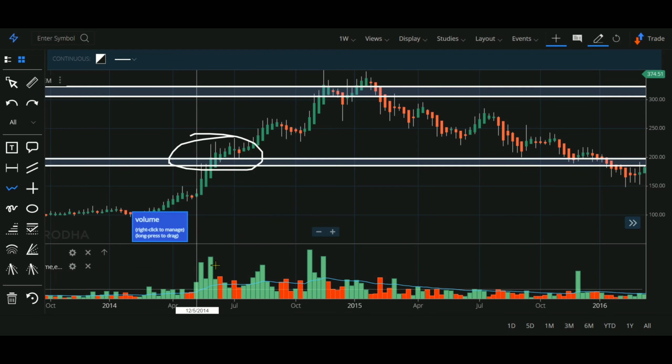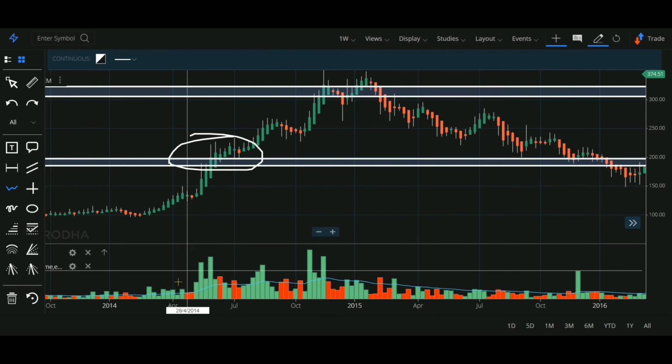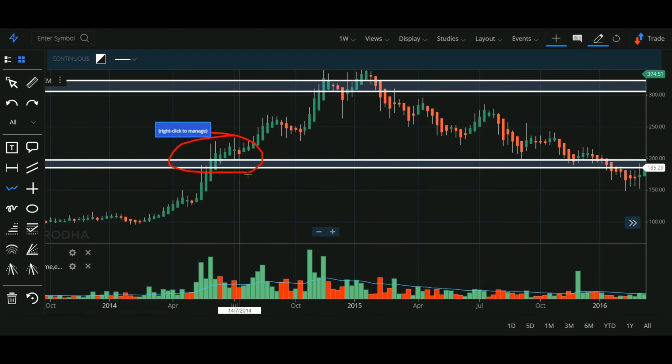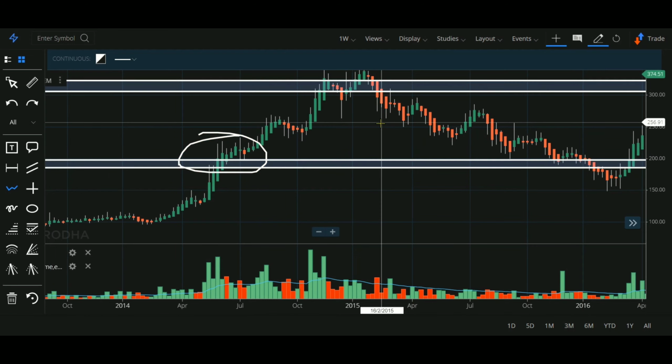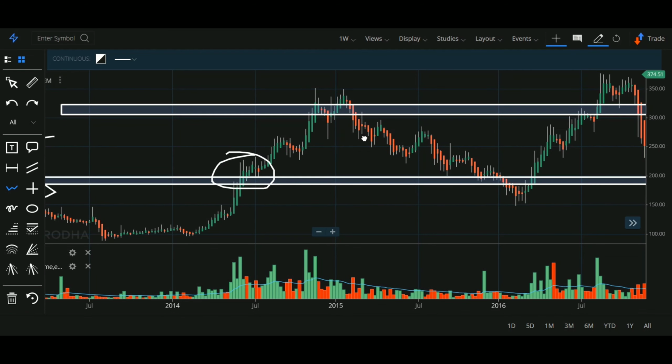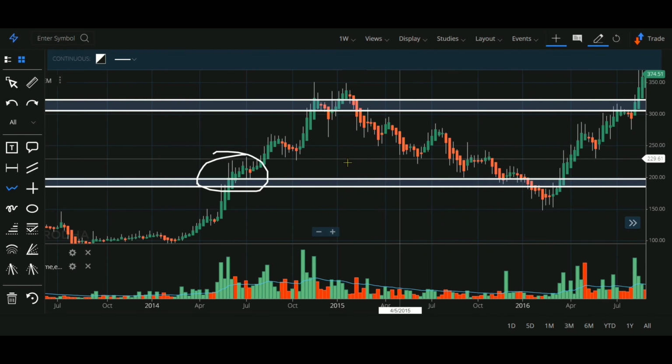So over this period there is a good buying volume coming into the market, and it was a good buy over here. And then you could have exited as per your convenience, whatever you feel is right.